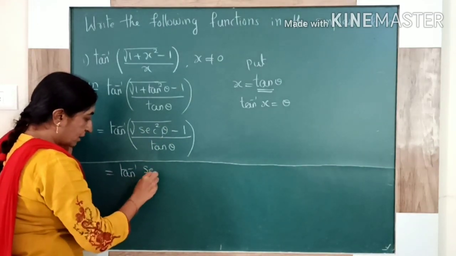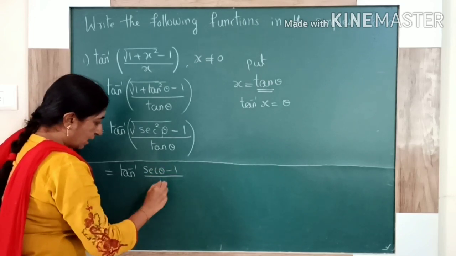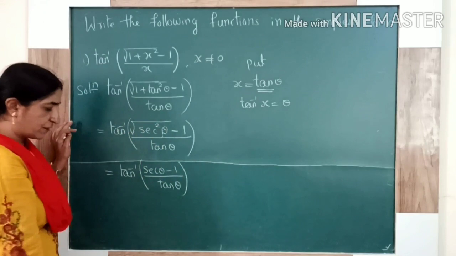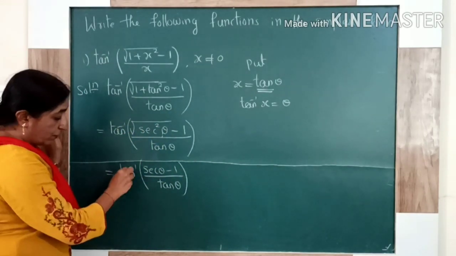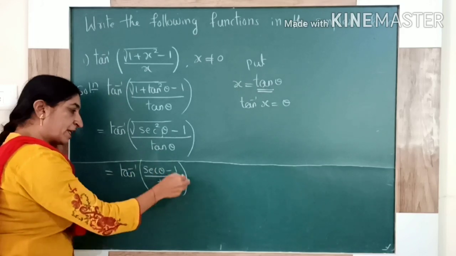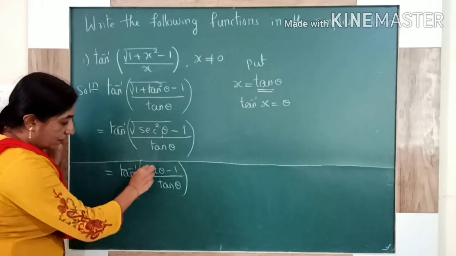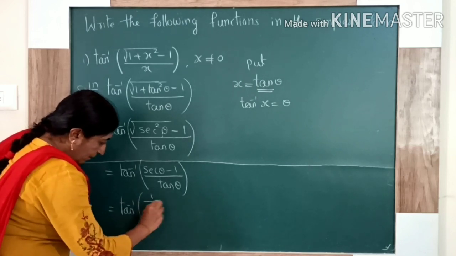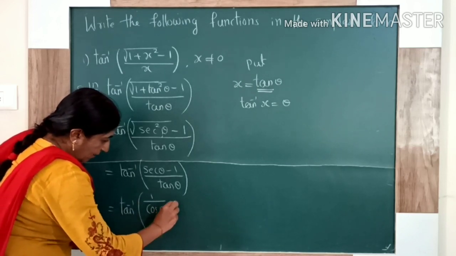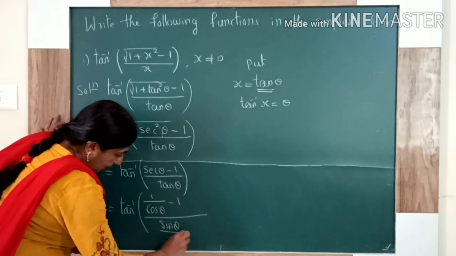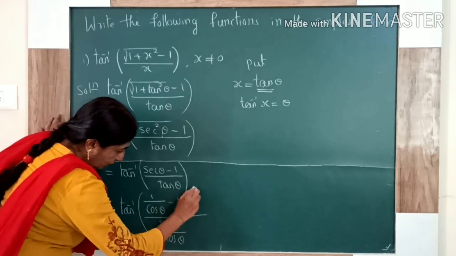Tan inverse of (sec theta minus 1) upon tan theta. Now we cannot do any simplification here. We have to convert it like tan inverse tan, so this whole should be converted in the form of tan. Sec I am writing as 1 by cos theta, minus 1, upon tan, which I am writing as sin theta upon cos theta.